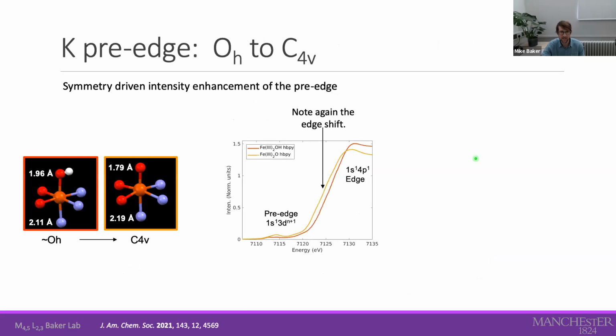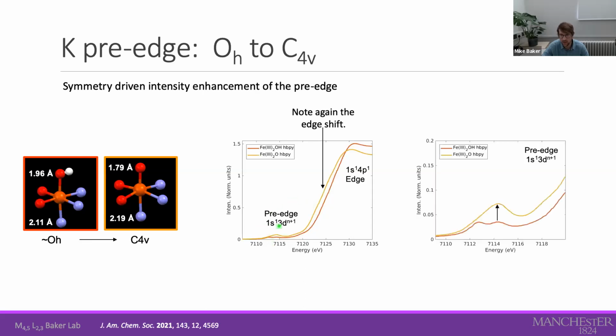But something else happens there. So I showed that spectrum a little earlier, and if we zoom in at the pre-edge, you can see the spectrum shape changes quite drastically. So it doesn't seem to be simply a matter of just some splitting of the T2g and eg orbitals.